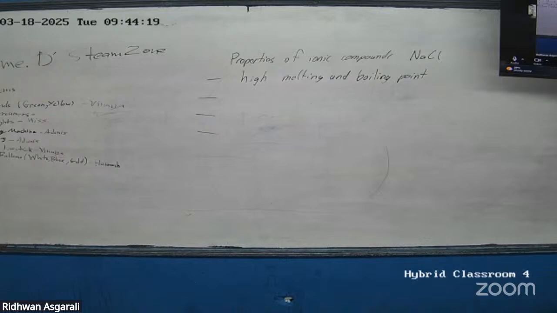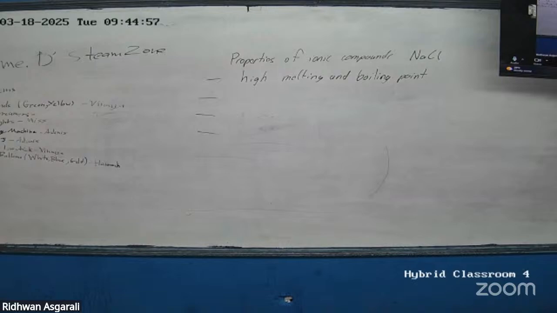Second property. Can ionic compounds conduct electricity? The answer is yes and no. If I pass electricity through solid salt, it would not conduct. However, if you pass it through salt dissolved in water, it can conduct electricity, because there are free ions.